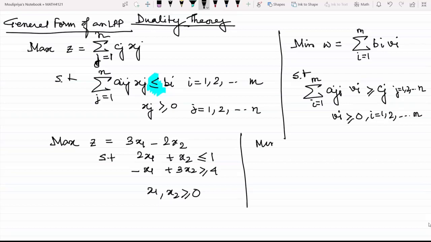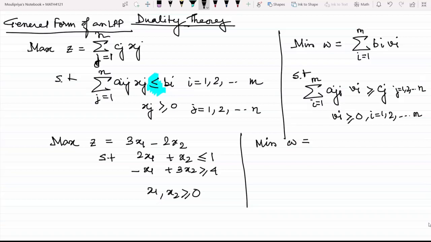minimize, say, W equal to, what does this bi stand for? Actually, one more thing, let me tell you.